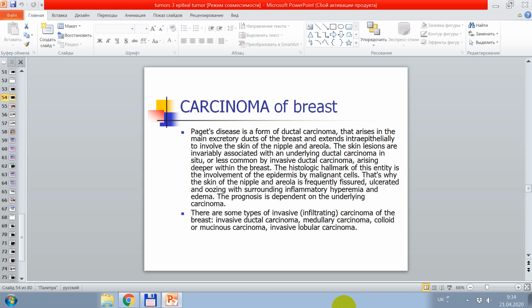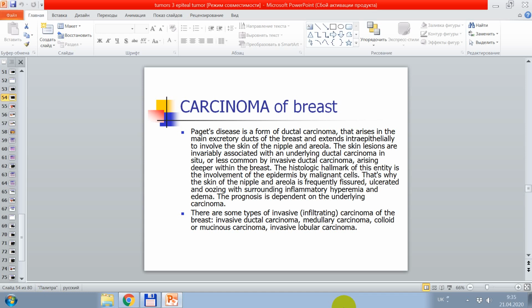The histologic hallmark of this entity is the involvement of the epidermis by malignant cells. That is why the skin of the nipple and areola is frequently fissured, ulcerated, and oozing, with surrounding inflammatory hyperemia and edema. The prognosis is dependent on the underlying carcinoma.